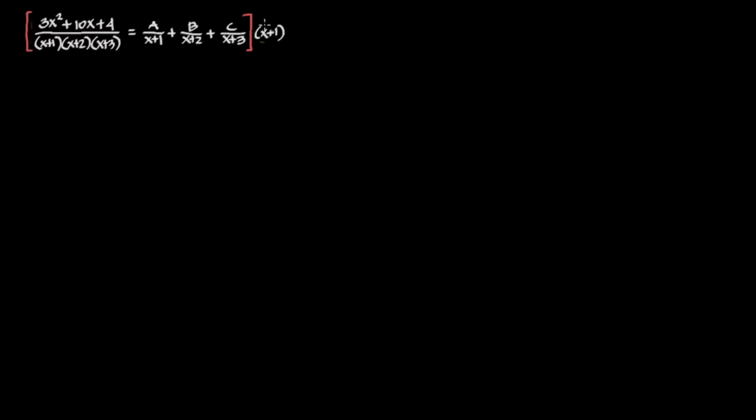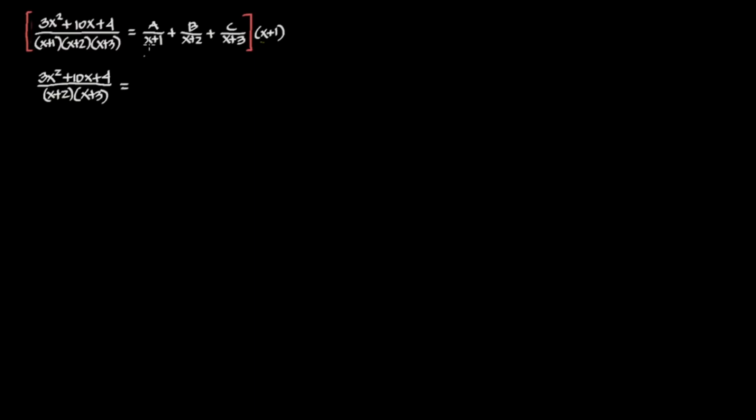So i-distribute natin to sa lahat ng term. So therefore, this one times x plus 1, we will have (3x squared plus 10x plus 4) all over, ang matitira is (x plus 2) times (x plus 3), kasi nga nagka-cancel out si x plus 1.